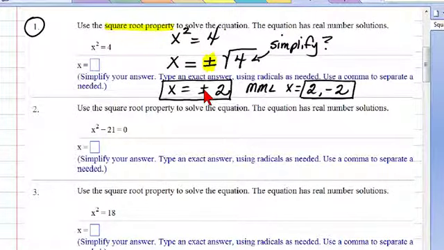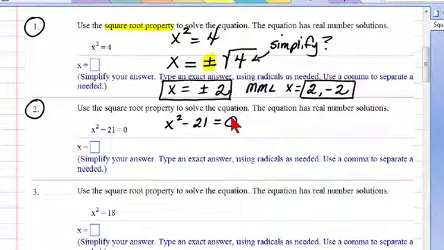Now, what you're going to see in the next few problems is that maybe the format will get mixed up a little bit, and perhaps simplifying this radical will take on a different approach. So let's look at number 2. Once again, it says use the square root property, and the problem is x squared minus 21 is equal to 0.